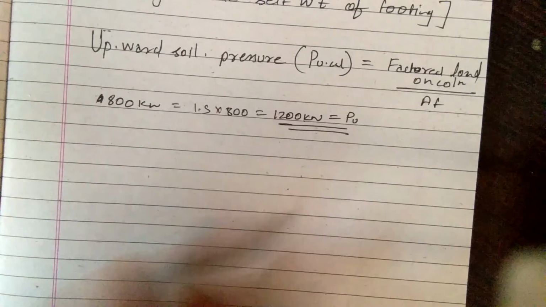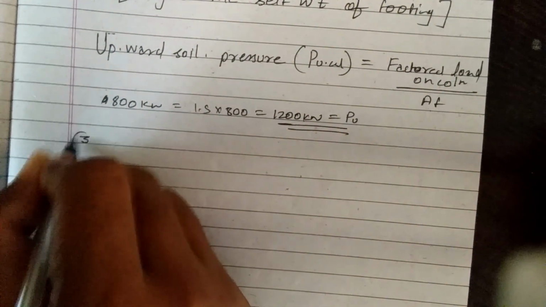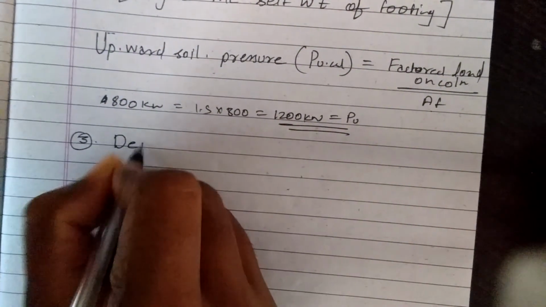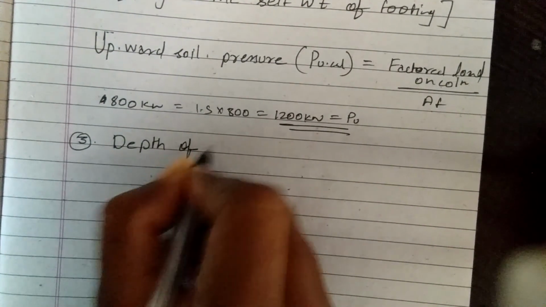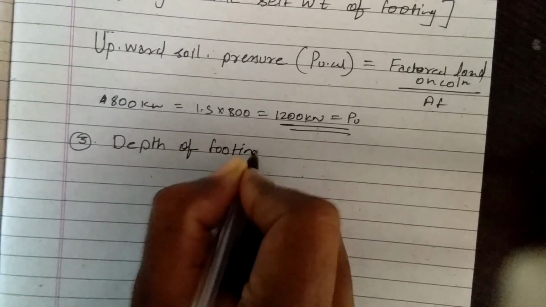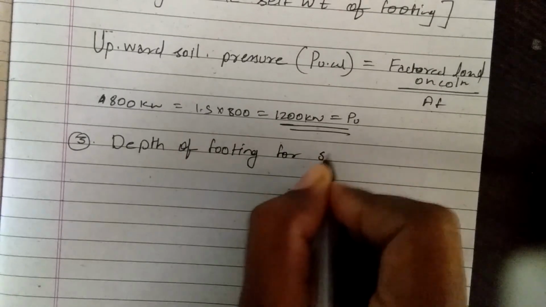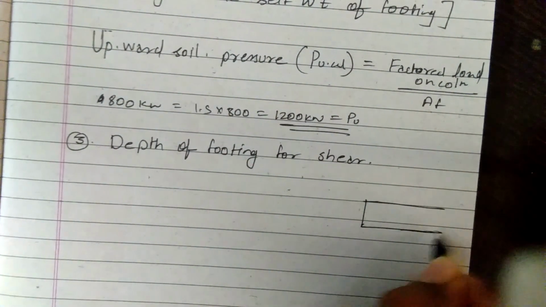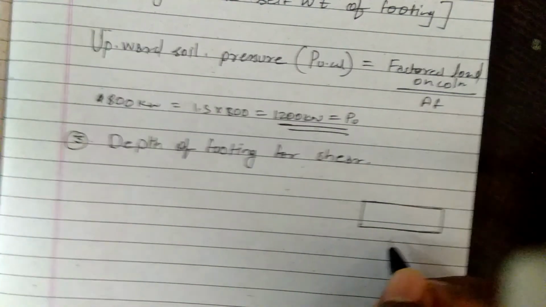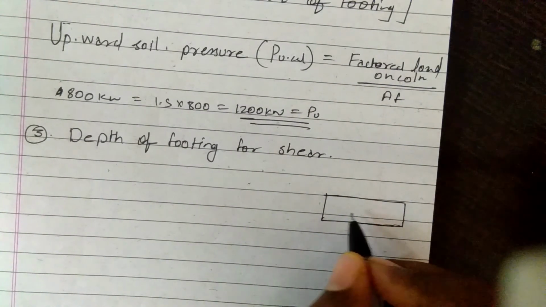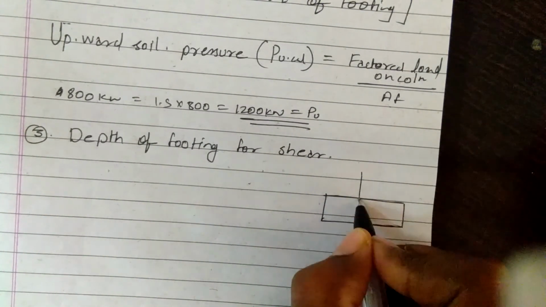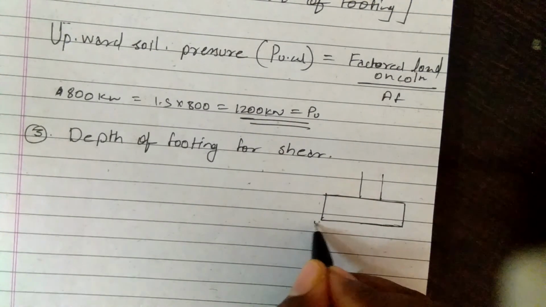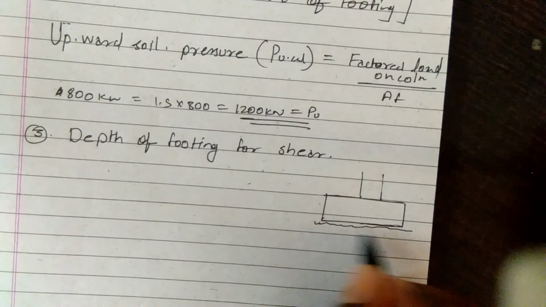Now next one, third, we're finding the depth of footing for shear. See, the concrete block, concrete pedestal or concrete footing will act as a member which will transmit the load over the soil, uniformly distributed.